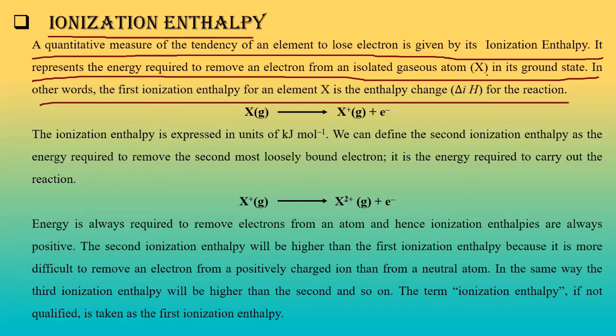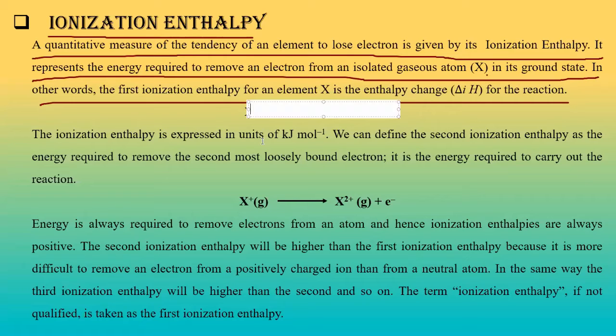Now delta IH is nothing. I stands for ionization, H stands for enthalpy. Now here what we can see is X becoming X plus. It would have been better if we had written it as M, because X denotes noble gases.